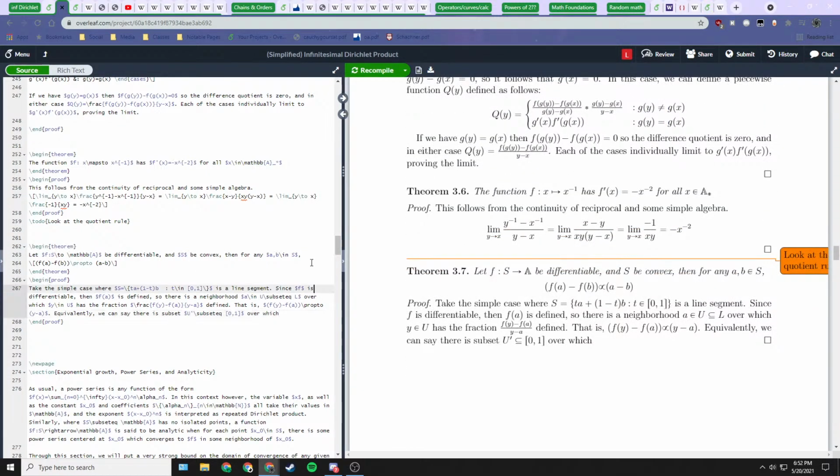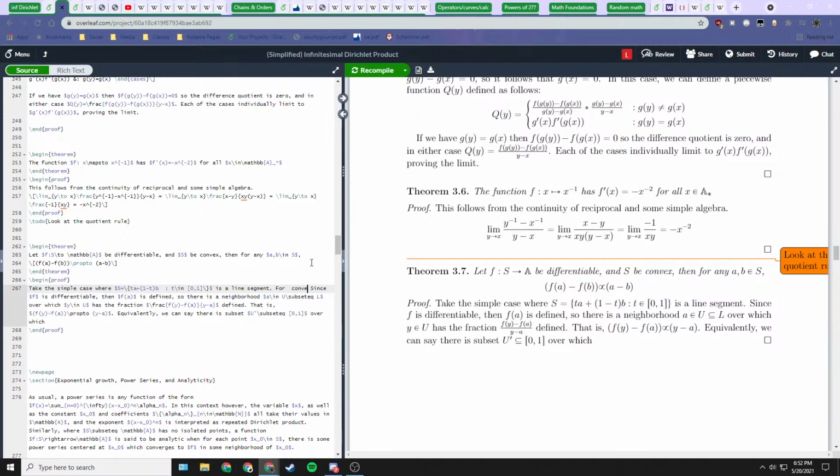So for convenience, let L of t be equal to ta plus 1 minus t b.